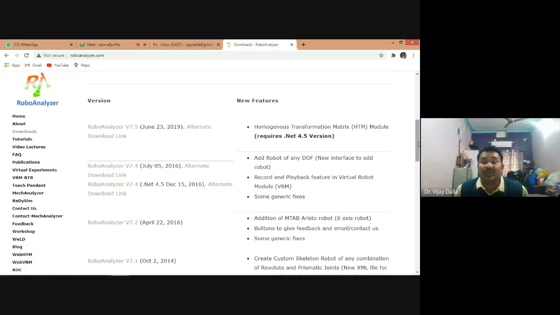Okay, so homogeneous transformation matrix. So what is the transformation? Very first, transformation is the movement from one point to another point.